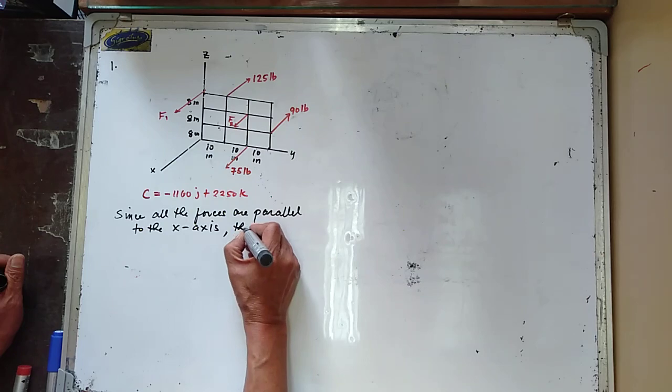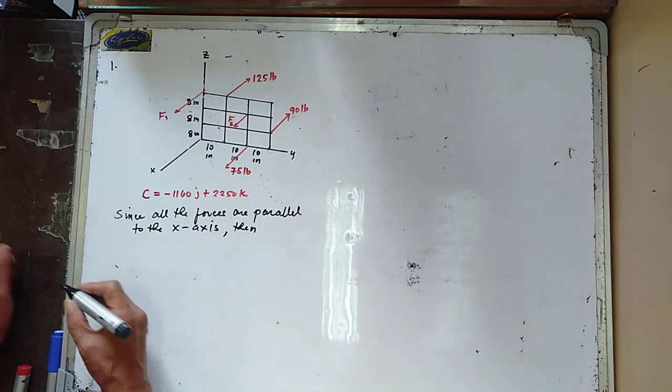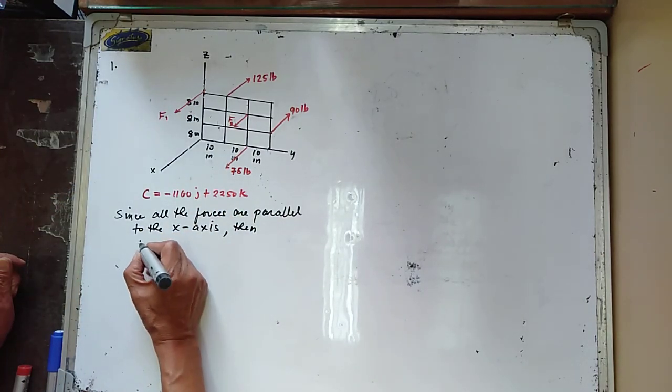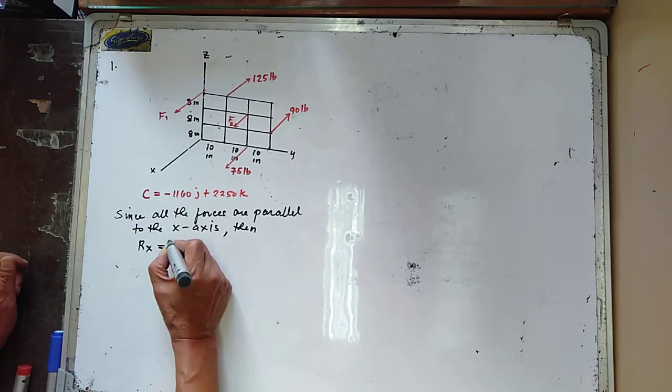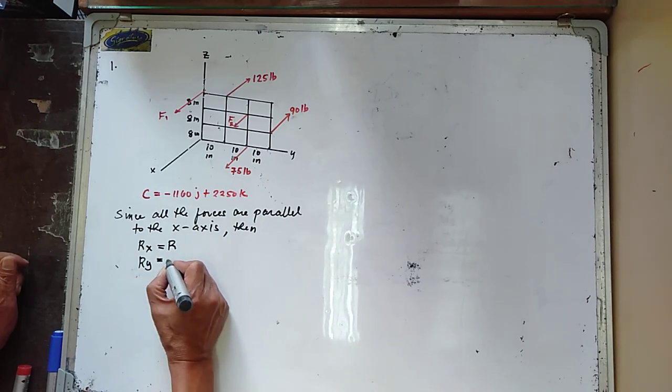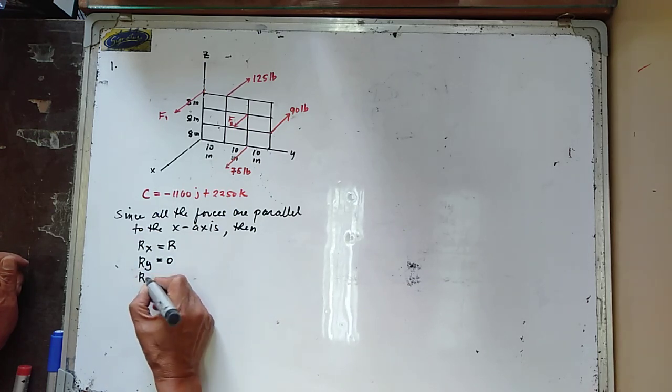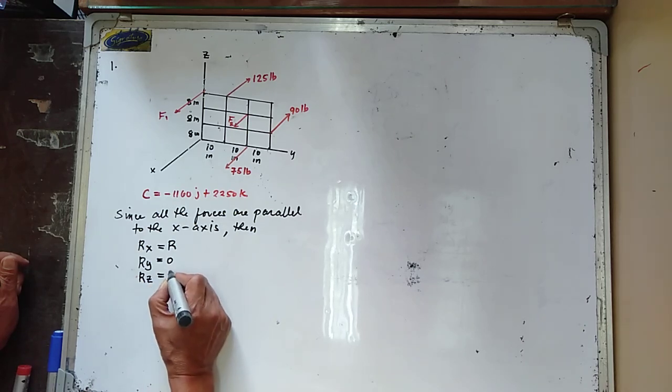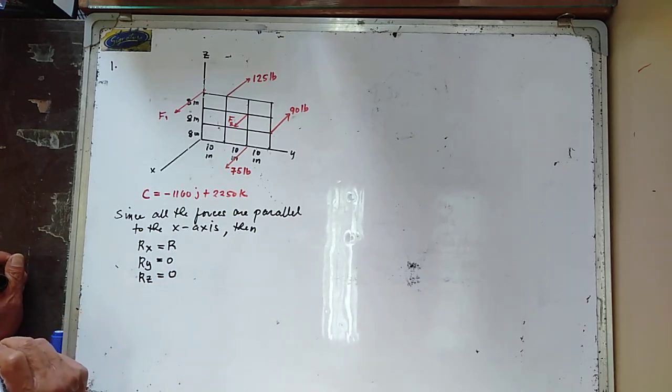Then the resultant of this force system is equal to Rx. Therefore, your Ry in here is equal to 0 and your Rz is equal to 0.